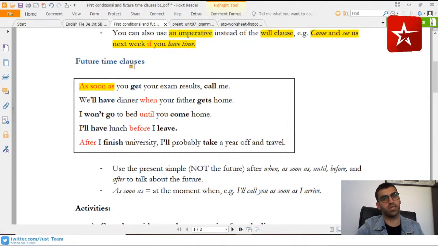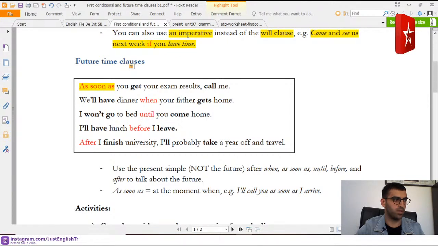Instead of using if, we can use as soon as. Here we used as soon as instead of if, and an imperative instead of the will clause.